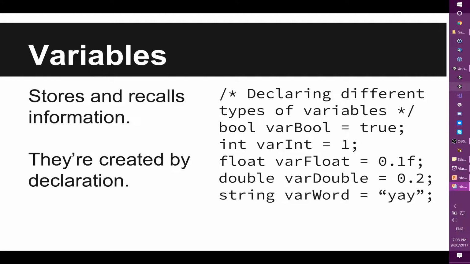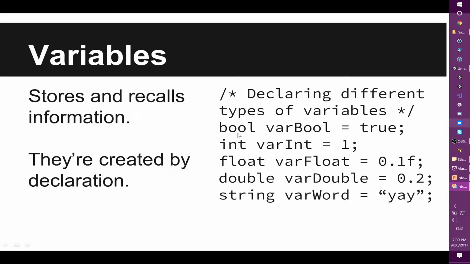Variables. Variables are used to store and recall information. You declare them, as in they exist, by saying what the type of that variable is, then the name of that variable, which has to start with either a lowercase or an uppercase letter, and then you say that equals some value, such as equals true, to declare and set a variable to a specific value.